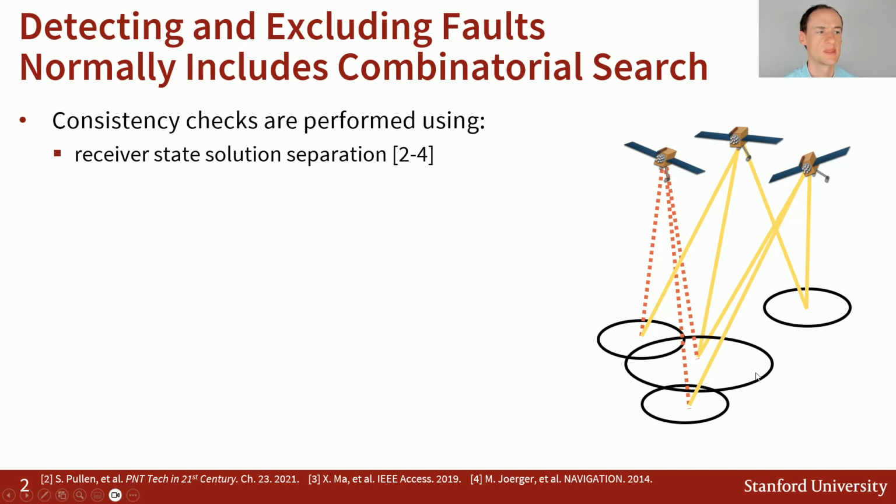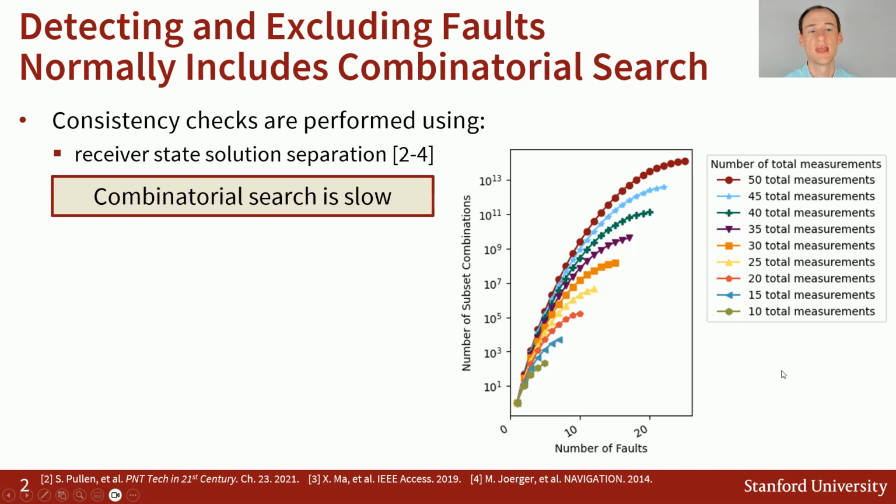This method is accurate, however, it is extremely slow as you have an increasing number of measurements and number of faults, simply because you have to create all the possible combinations of measurements.